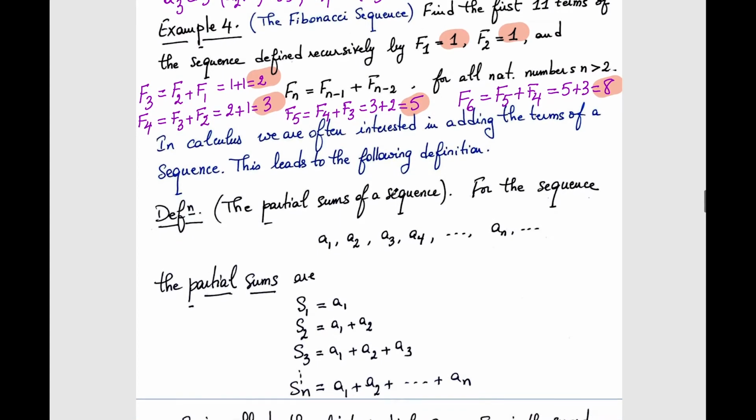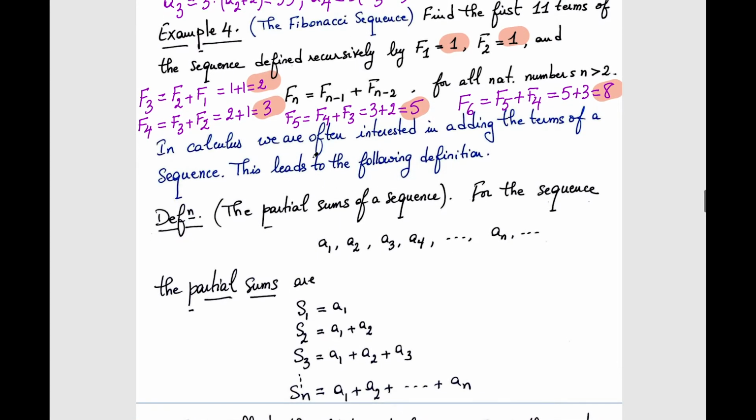Next concept. So it says here, in calculus, we are often interested in adding the terms of a sequence. So if you have a sequence like this, a1, a2, a3, and so on, we are often interested to add up these guys. And in order to add them up, you're gonna define what people refer to as partial sums.